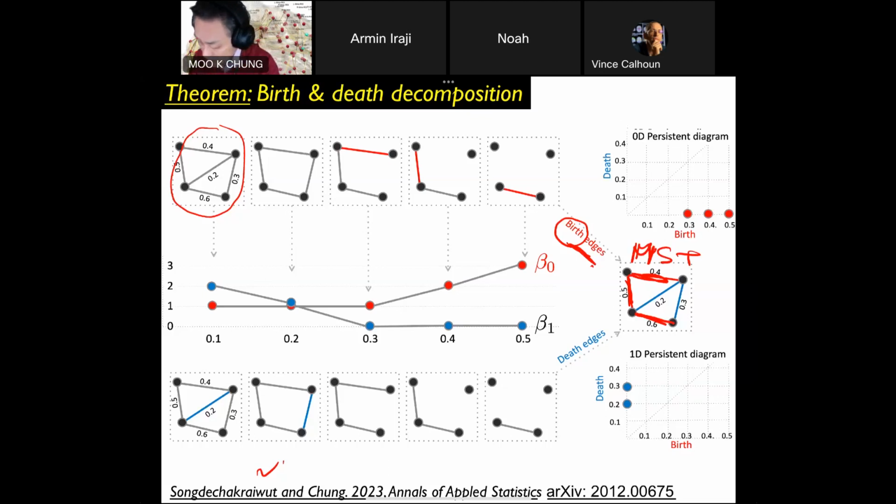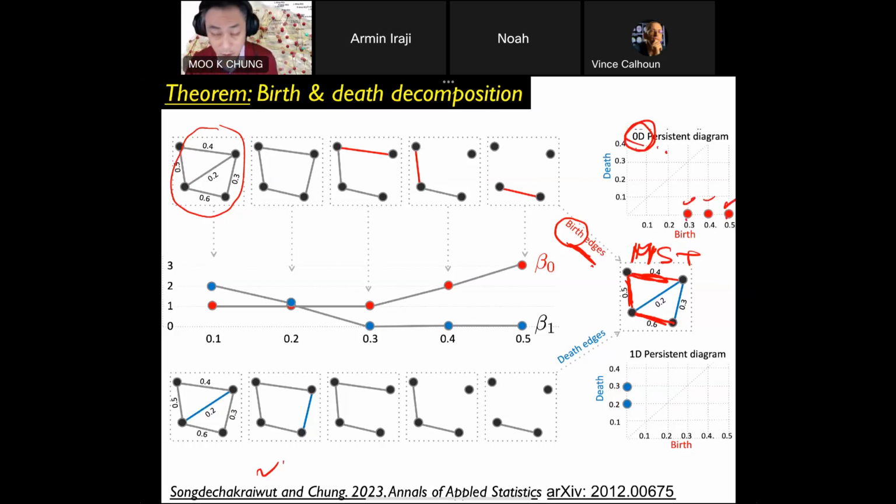So maximal spanning tree of a weighted graph is a zero-dimensional homology. And now, in the case of the persistence diagram, what the persistence diagram means is that it's a diagram that characterizes the birth and the death of topological features. So in this case, I'm talking about the zero dimension, which means a connected component. So when the birth occurs, 0.0, 0.4, 0.5, here.